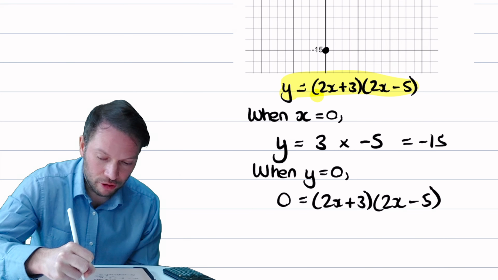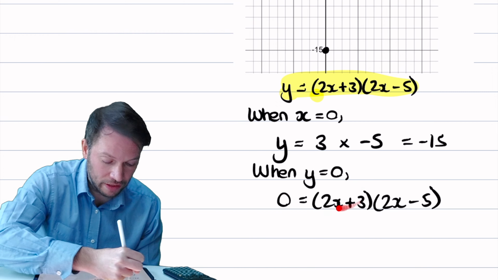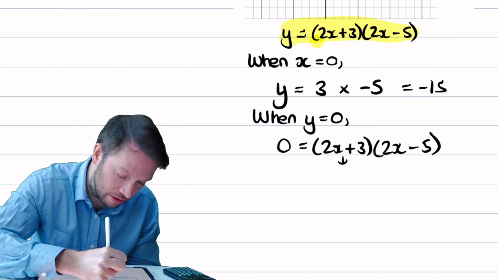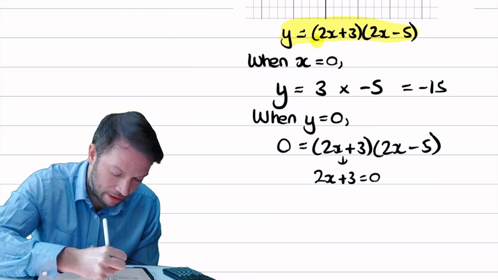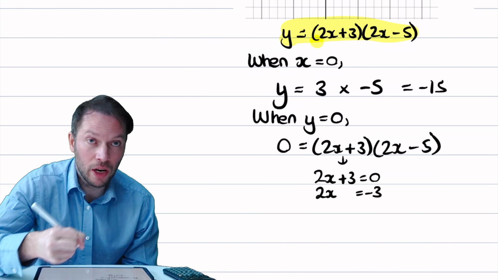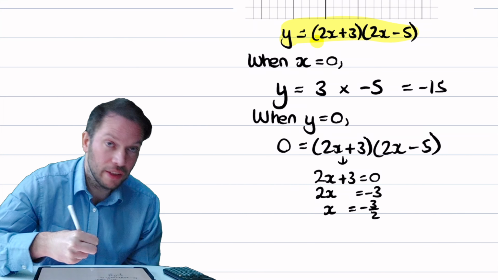Now remember, when we have a product of two things equal to 0, then at least one of these two things has to be 0. So if it was the 2x plus 3 that was equal to 0, then if we subtract 3 from both sides, we get 2x is negative 3. And we divide both sides by 2, we get x is negative 3 over 2. So that's one of the solutions.